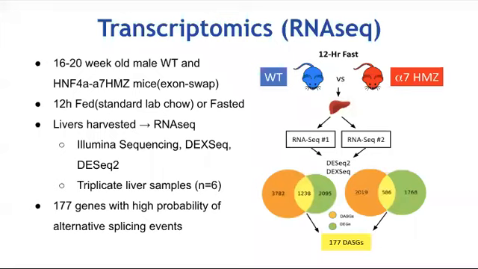We did multiple replicates, and the programs were able to analyze these data sets and narrow it down to 177 genes that it recognized as being both alternatively spliced as well as alternatively expressed. And so that really encouraged us to believe that there was a high probability that there were real splicing events taking place in at least a couple of these 177 genes.